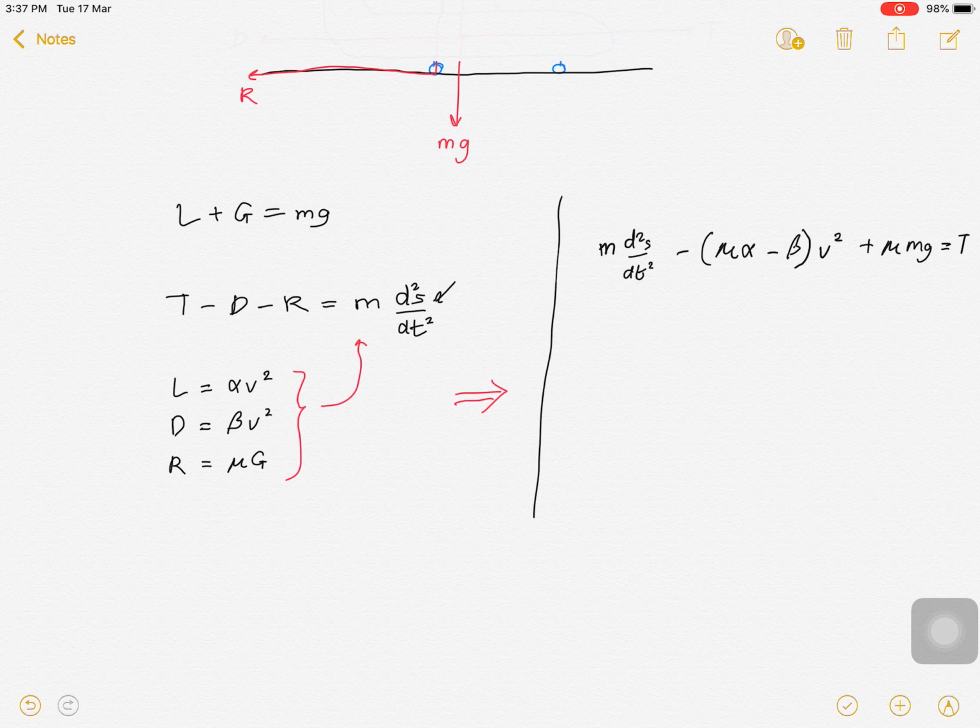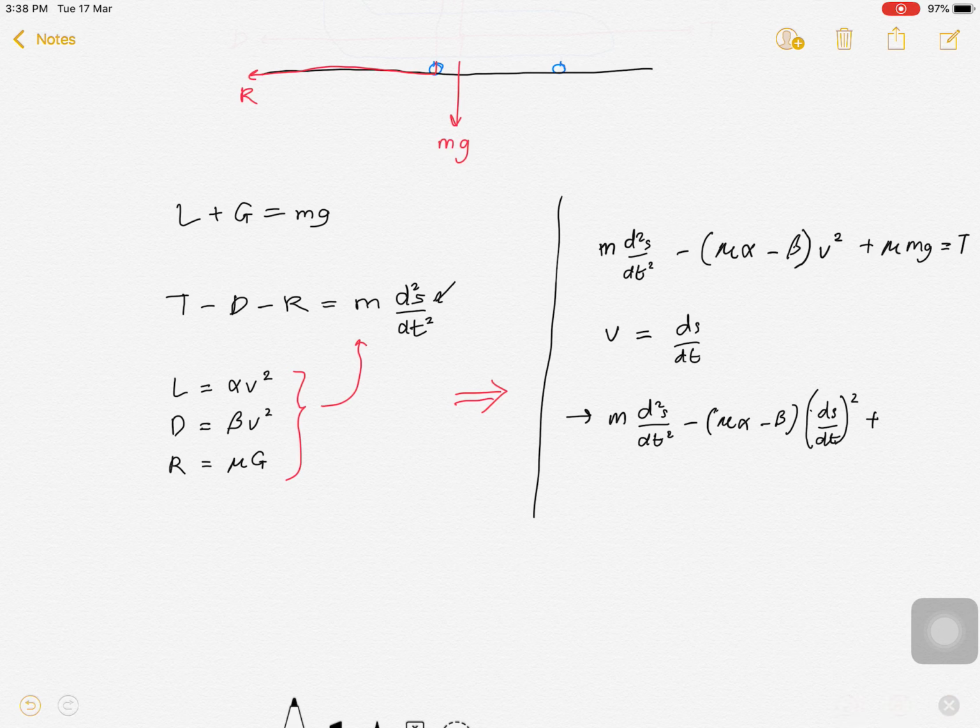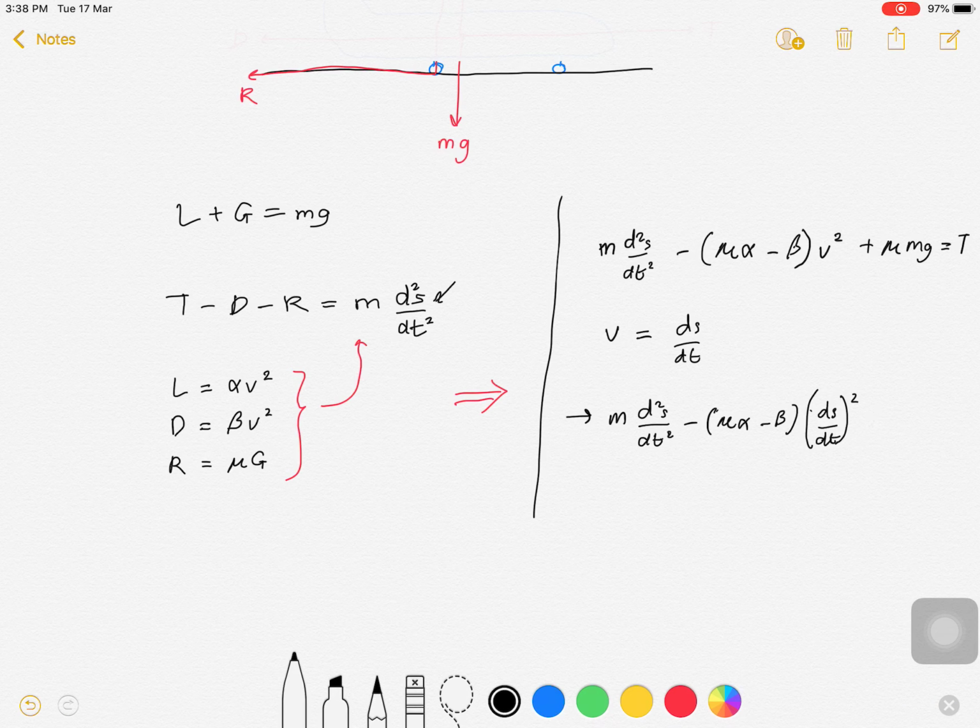Then by replacing V, the speed, with V equal to ds/dt, we will have m d2s/dt2 minus mu alpha minus beta, times ds/dt squared, equal to T minus mu mg.